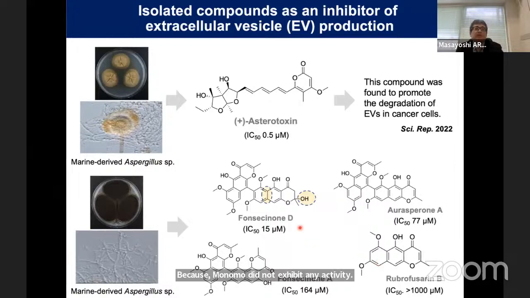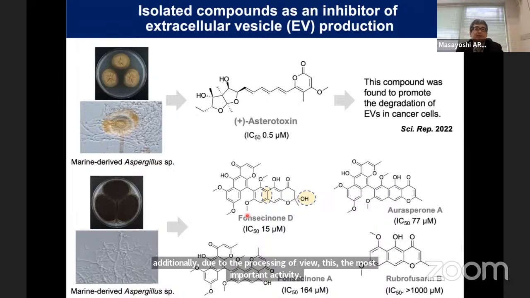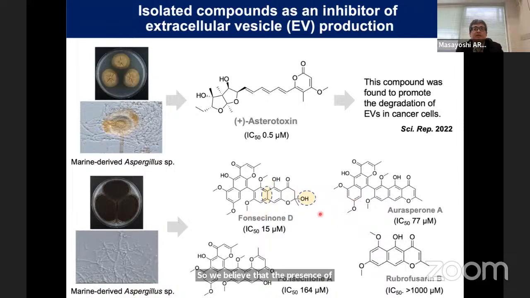Additionally, compound D displays the most potent activity. So we believe that the presence of the chromen structure and this hydroxy group are crucial for the activity.